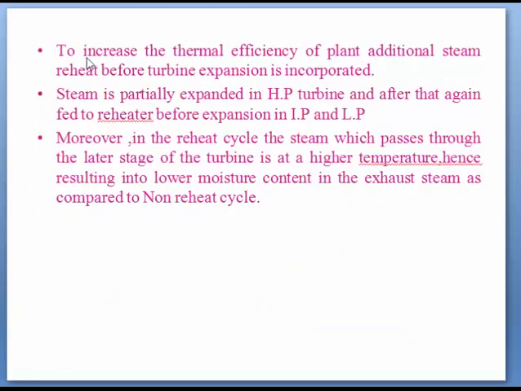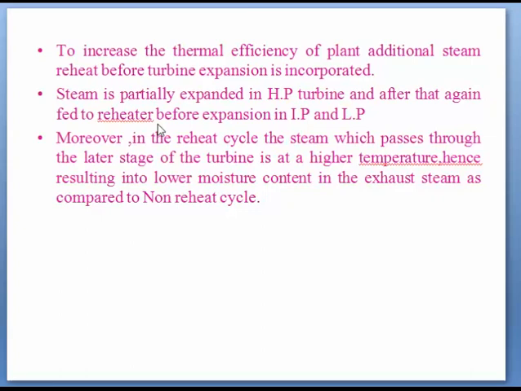So just a quick review. To increase the thermal efficiency of the plant, additional steam reheat before turbine expansion is incorporated. Steam is partially expanded in the HP turbine and after that again fed to the reheater before expansion in IP, and from IP it goes directly to the LP turbine, which we had already seen in our discussion on coal to electricity, where we saw the various circuits, especially the steam circuit.